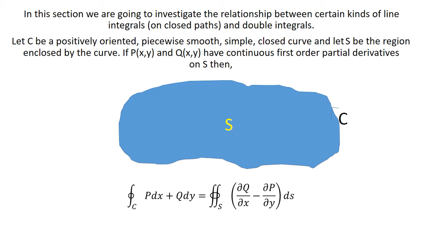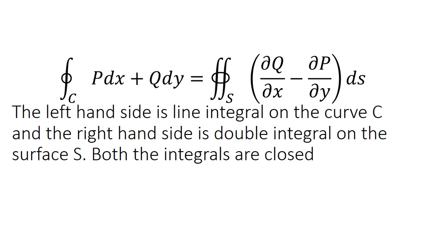So Green's theorem says that integration over C, a line integral, P dx plus Q dy equals double integration of del Q del x minus del P del y dS. So both the two integrations are closed integrations. The left hand side is a line integral, and the right hand side is a double integral, which is also closed.